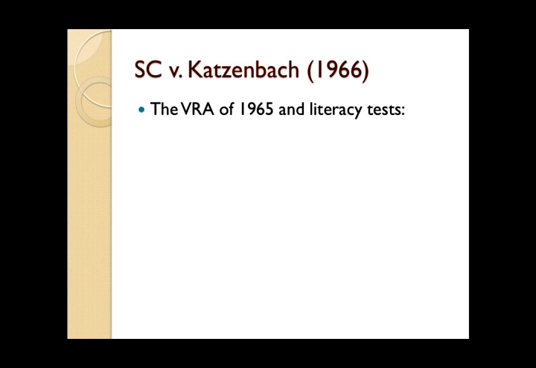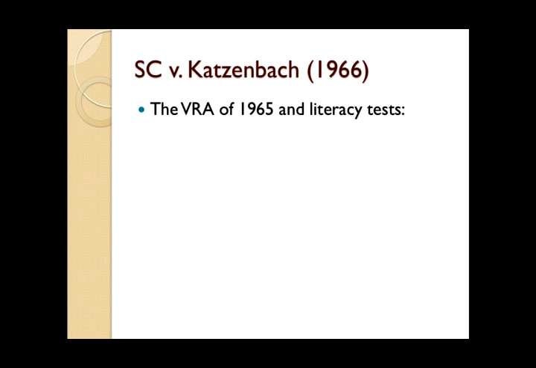Now, the act did not apply uniformly throughout the United States. There was something called a coverage formula, which is discussed on page 15. And it's only states that were covered by this formula that were subject to some of the restrictions of the Voting Rights Act. So if the Voting Rights Act applied to a particular state, what are the remedies that a state would have faced?